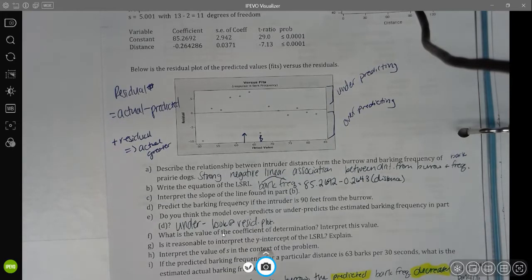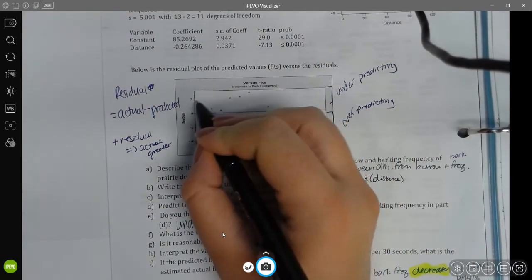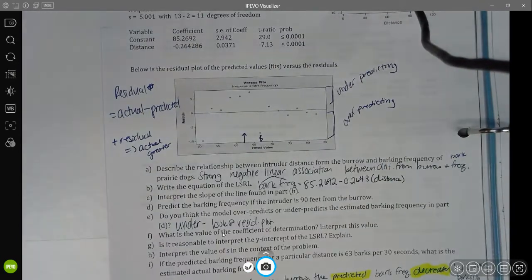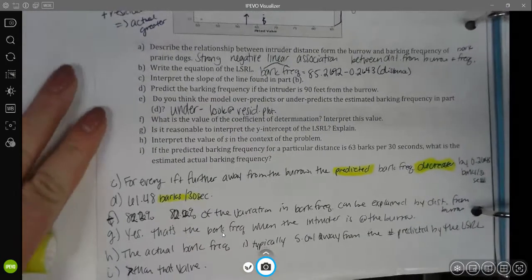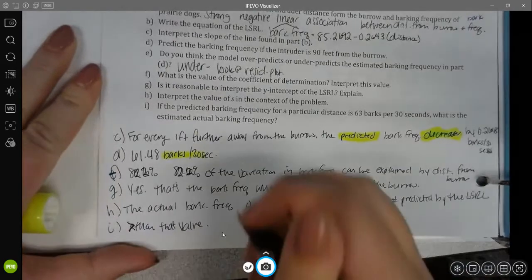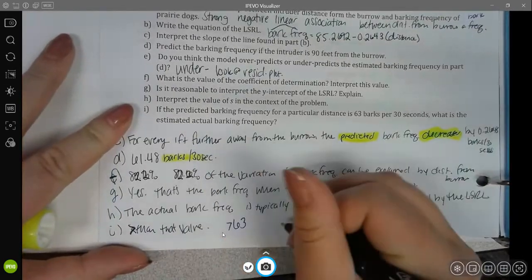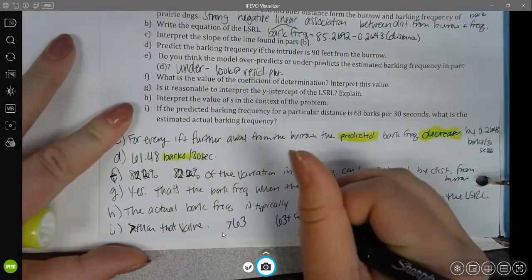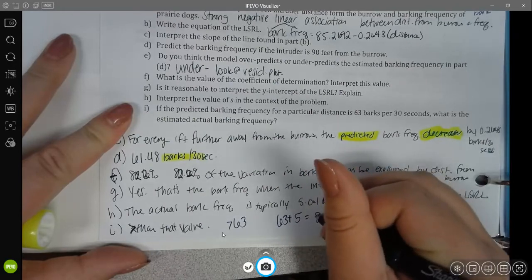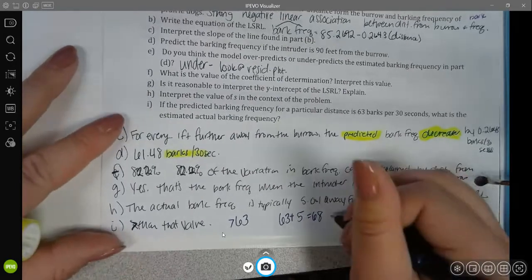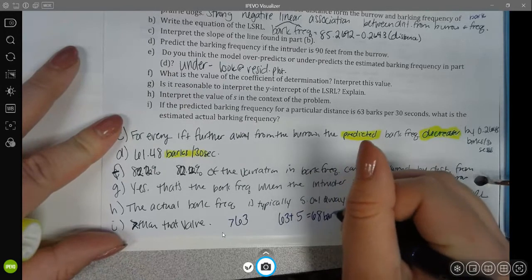We could make a better estimate here. Let's see, the residual's around maybe 5-ish. So it's going to be something greater than 63. And I'm going to take 63 plus my residual and get approximately 68 barks per 30 seconds.